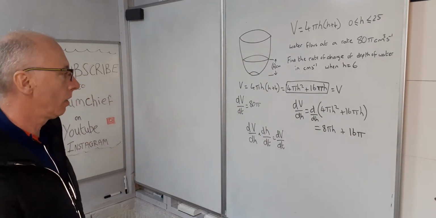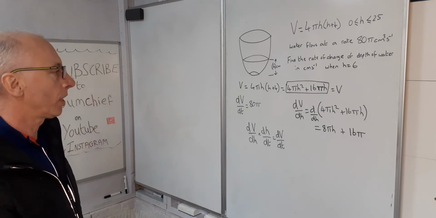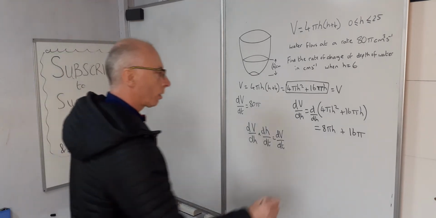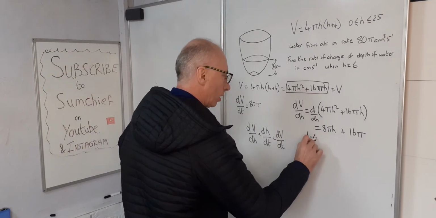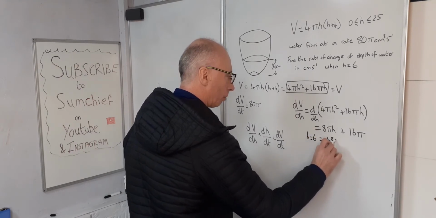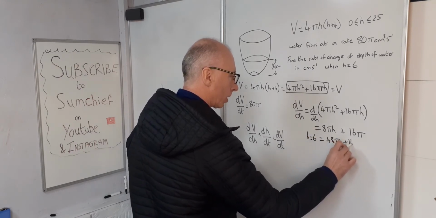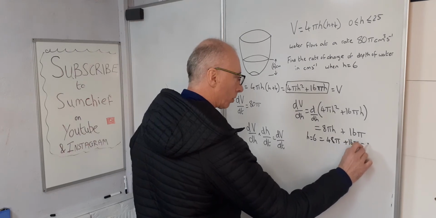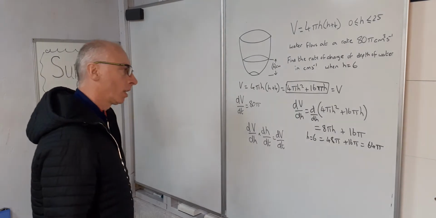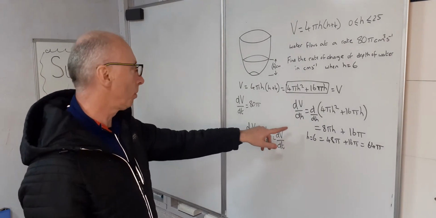Okay, right, so now we're interested in what happens when h equals 6. So when h equals 6, we've got 6 8s are 48π plus 16π, which equals 64π. So let's plug these numbers in here now.